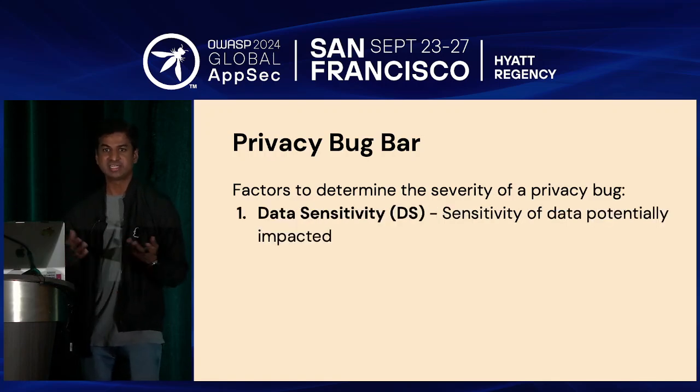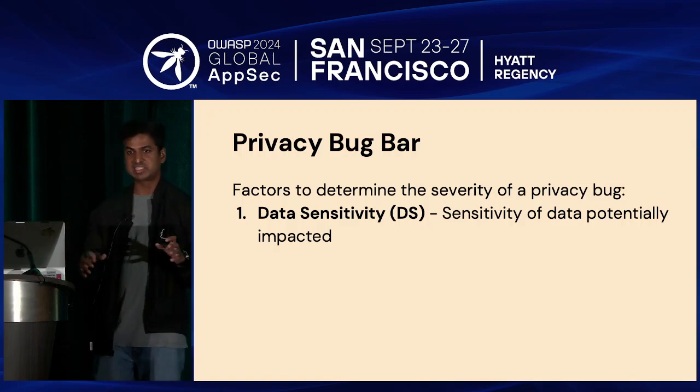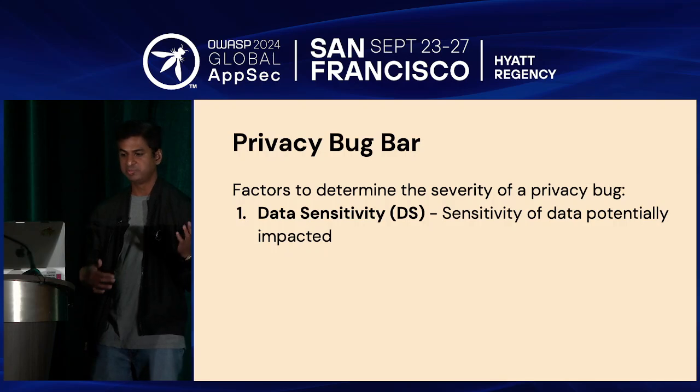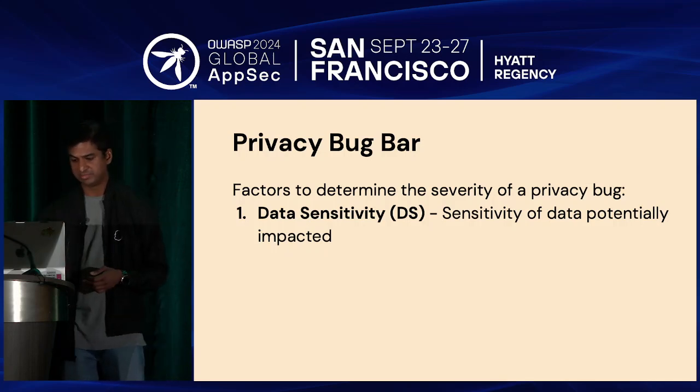The first one is data sensitivity. What we mean by that is in Snapchat, you can have user-generated content, aggregated user content, or user metadata that describes a user. All of these have different sensitivity levels. Depending on what is compromised, you might bump the severity up or down.